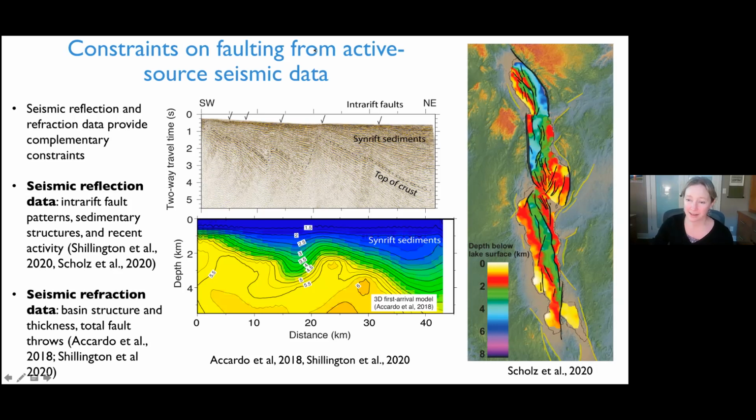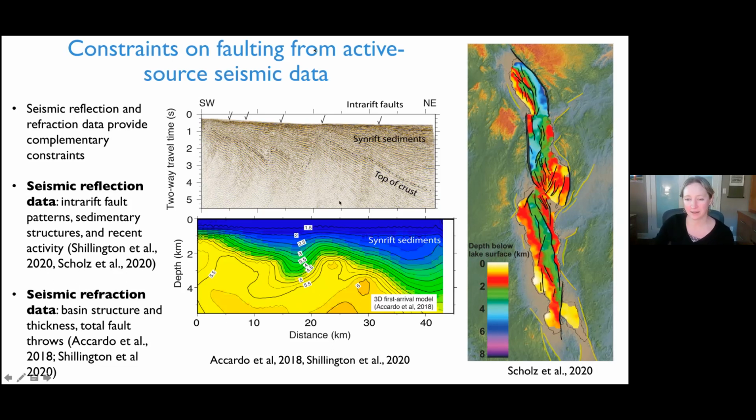Because the sediments are quite thick here, in excess of 5 kilometers, the refraction data were really important to constrain seismic velocities and thicknesses, since our seismic reflection data were necessarily acquired with a relatively short streamer, and so have limited velocity constraints with depth.